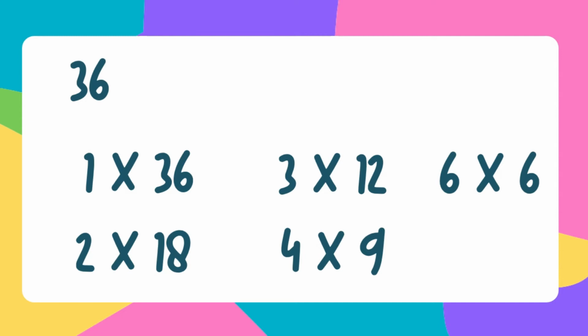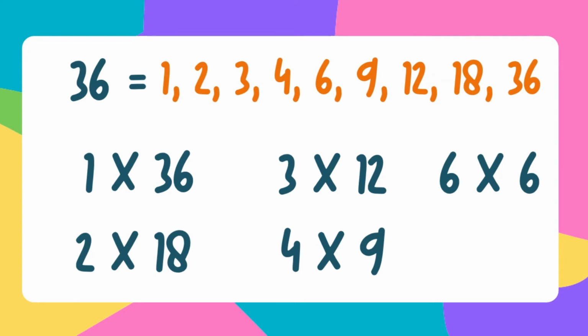We get 36 by multiplying 1 and 36, 2 and 18, 3 and 12, 4 and 9, 6 and 6. Therefore, the factors of 36 are 1, 2, 3, 4, 6, 9, 12, 18, and 36.